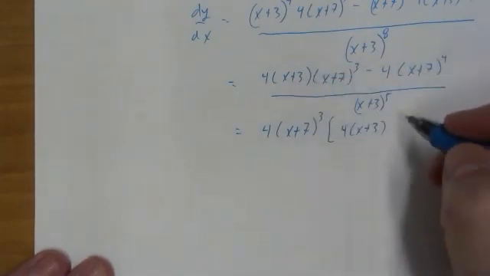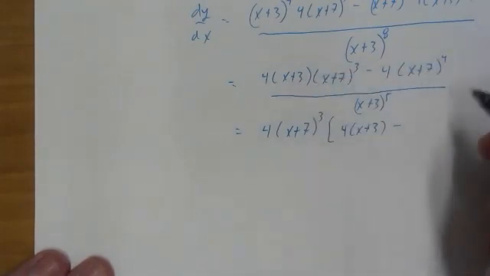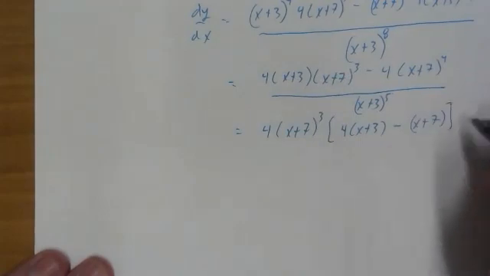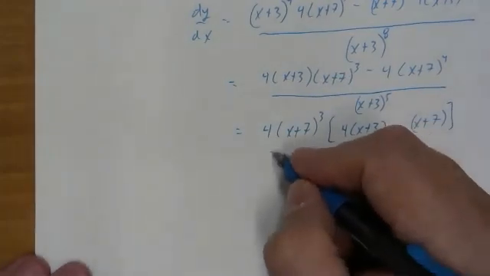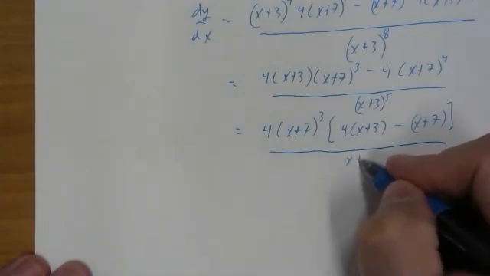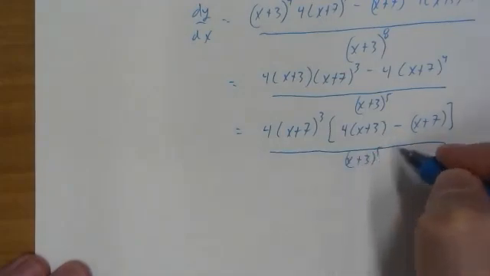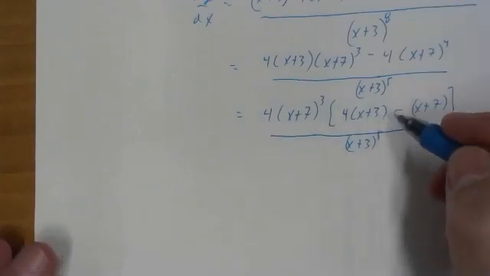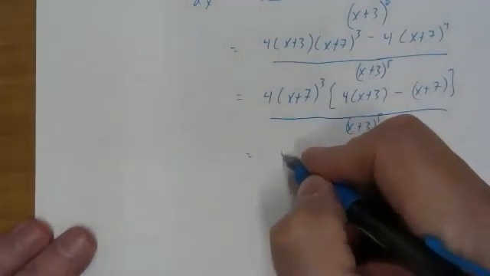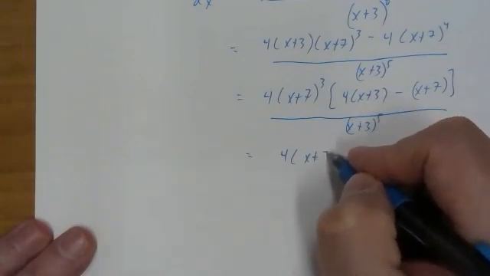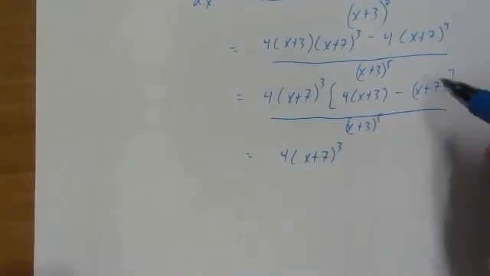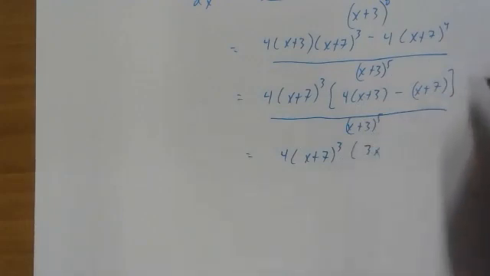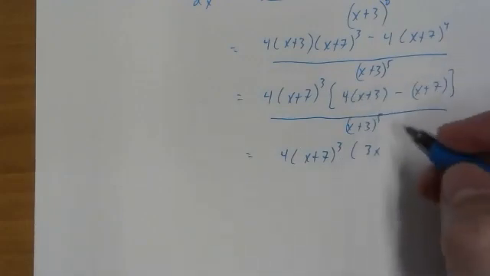So there's the first term minus all that over x plus 3 to the fifth. If I multiply out these parentheses and combine what's inside here, I'm going to have 4x minus x, which is 3x, and 12 minus 7.